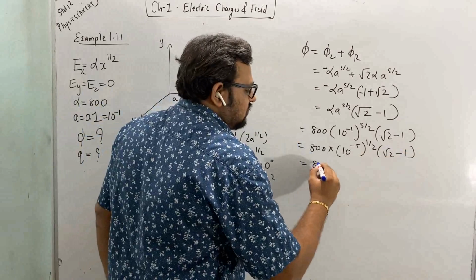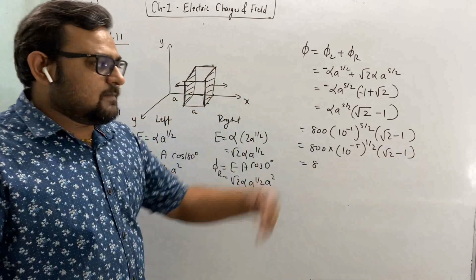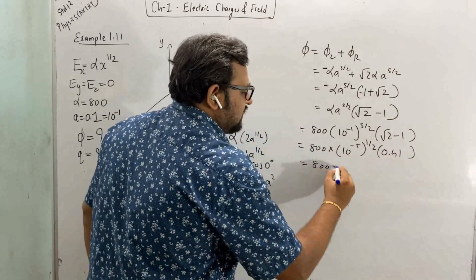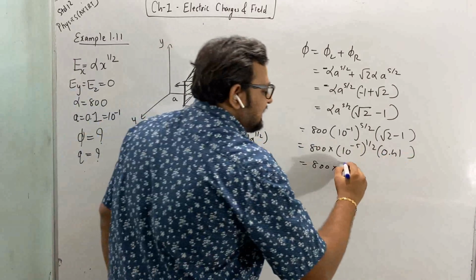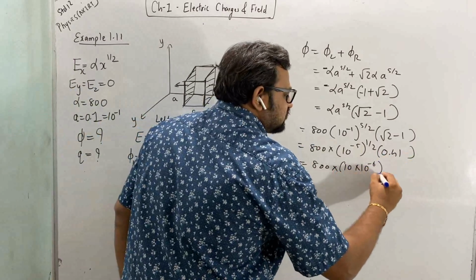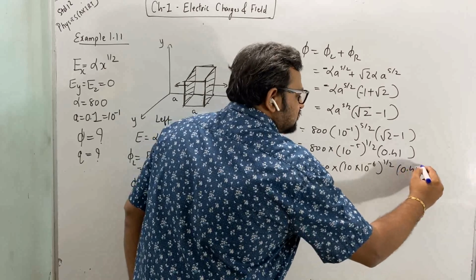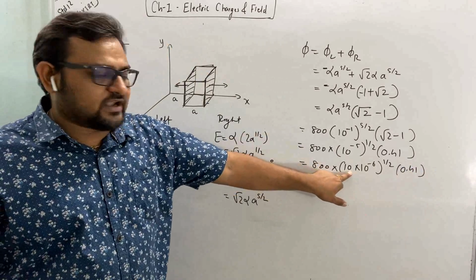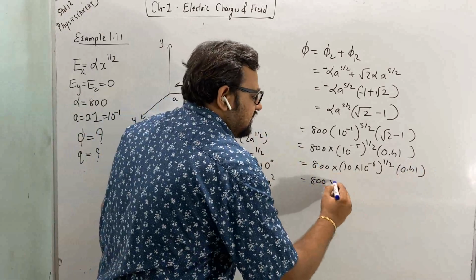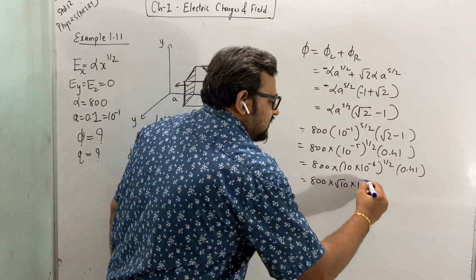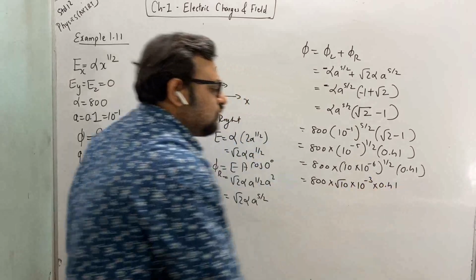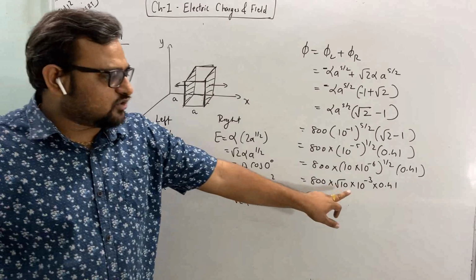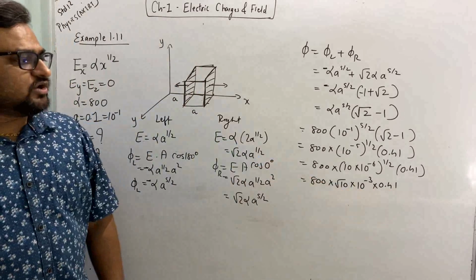So root 2 means 1.41 minus 1, that will be 0.41. 800 into 10 raised to minus 5, I can write as 10 into 10 raised to minus 6, raised to 1 by 2, into 0.41. Clear? So now you just find the square root of 10. 800 into root 10 into 10 raised to minus 3 into 0.41.